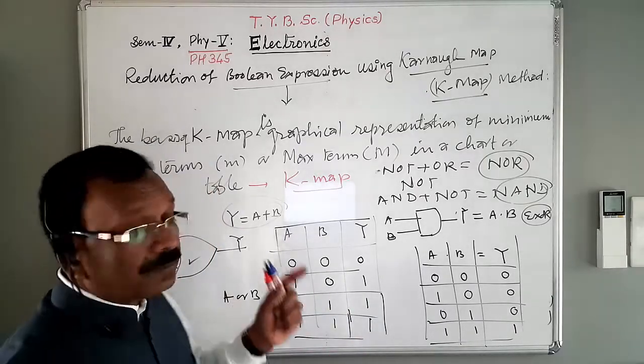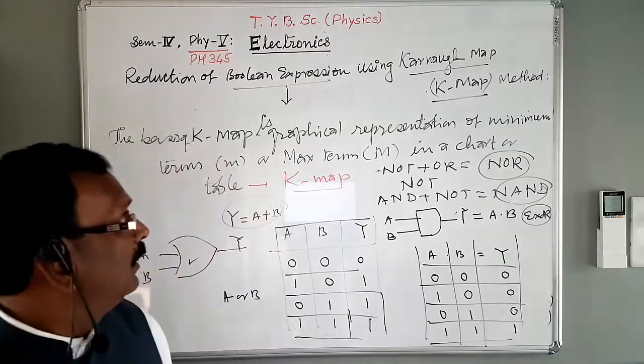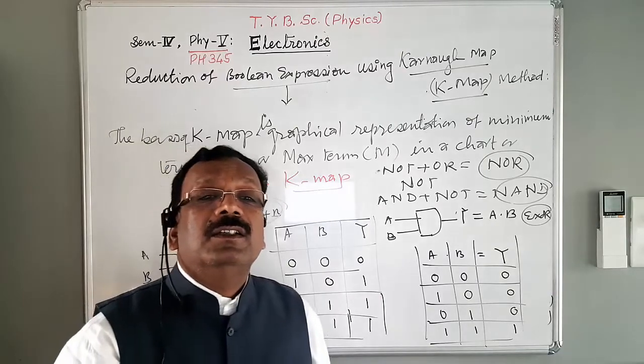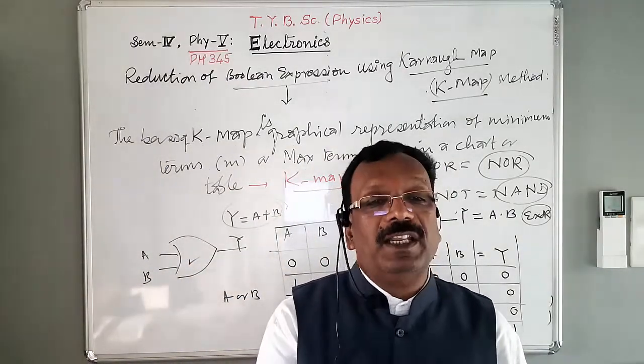Now, as I told you, the basis of K-map is a graphical representation of min or max terms in a chart or table.